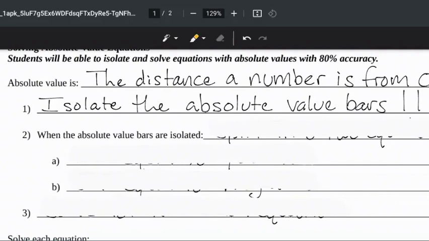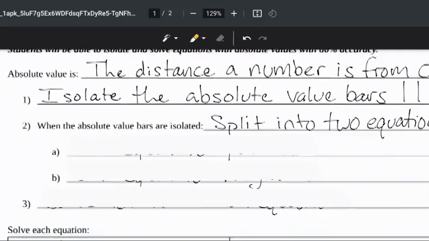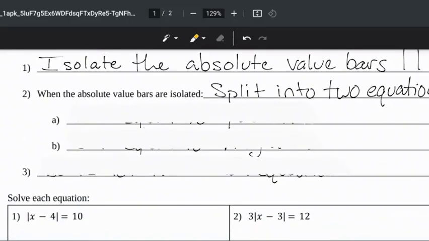Step 2, when the absolute value bars are isolated, we are going to split into two equations, two situations, and we're going to solve them both. Okay? So once we split, we are going to drop the absolute value bars from the equation.